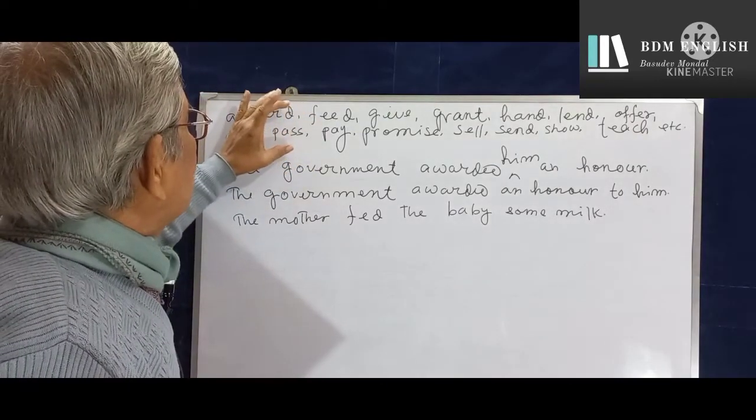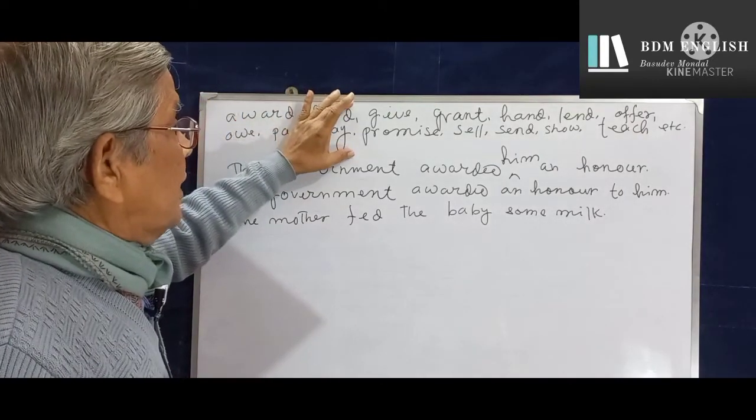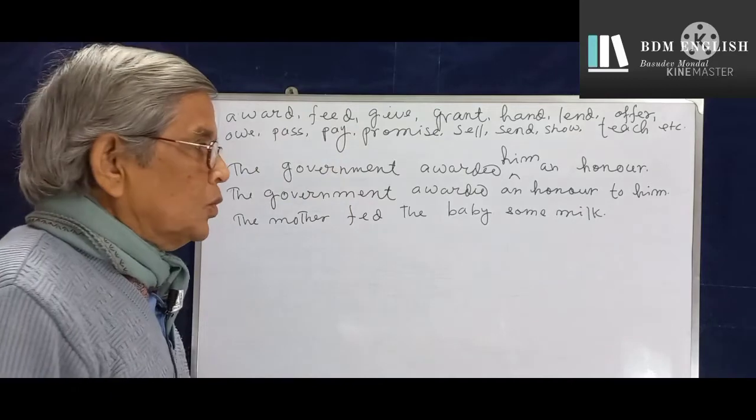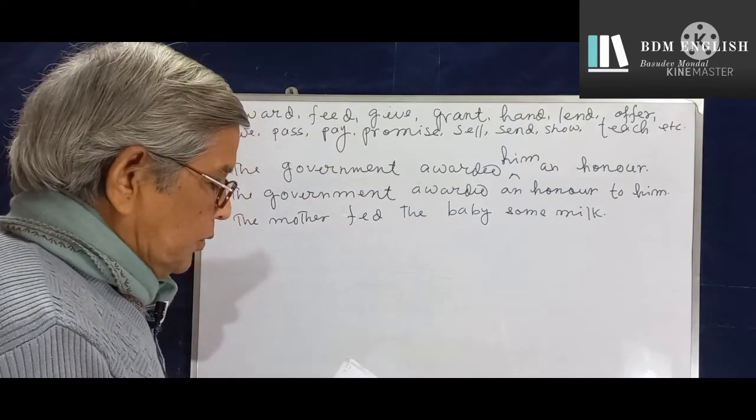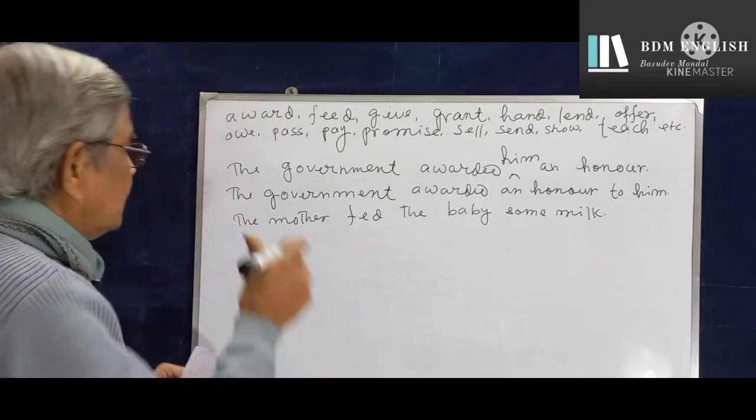In these verbs of this series and such other verbs, we use the preposition to, but there are some other verbs with which we use the preposition for.